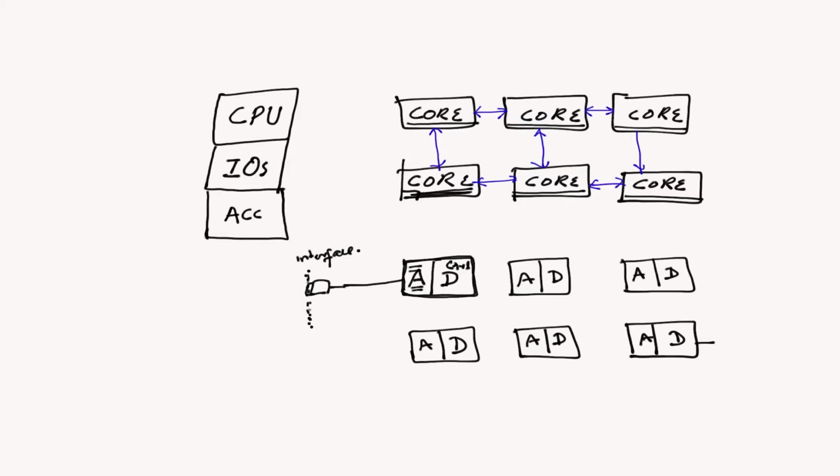Then cores also need access to, let's say, all these cores need to talk to these IPs, and IPs need to talk to each other in some way in case they need to share something. Then you have the accelerator.